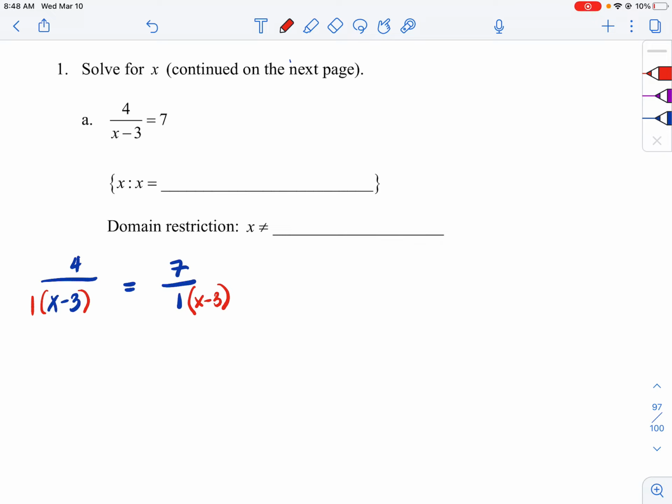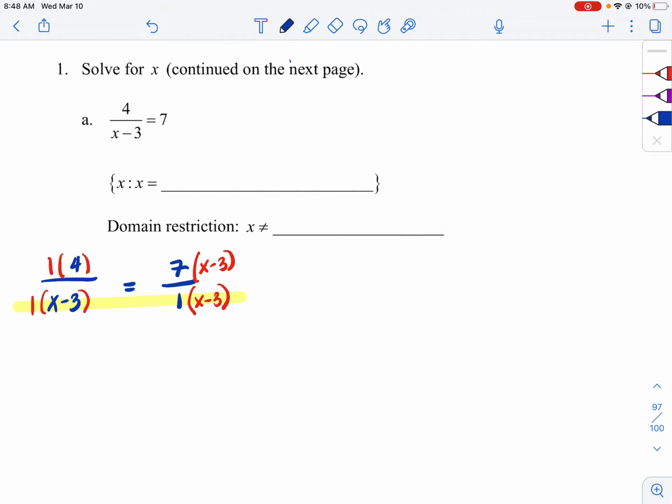Because I give the bottom 1, I'm going to give the top 1. Because I give the bottom an x minus 3, I'm going to give the top an x minus 3. Does that make sense? Now their bottoms exactly match each other, and I don't have to worry about the bottom anymore because they are equal to each other. I am just going to focus on the top.